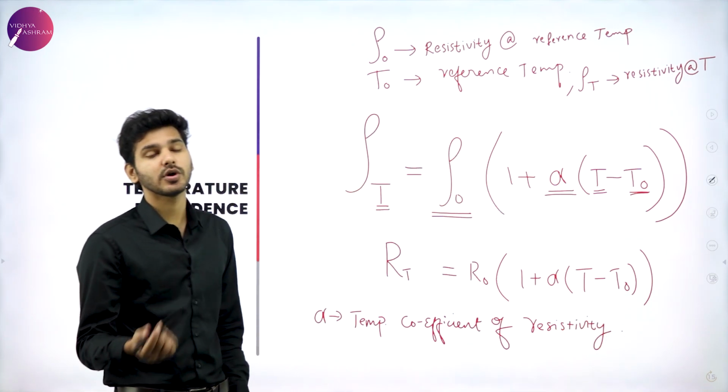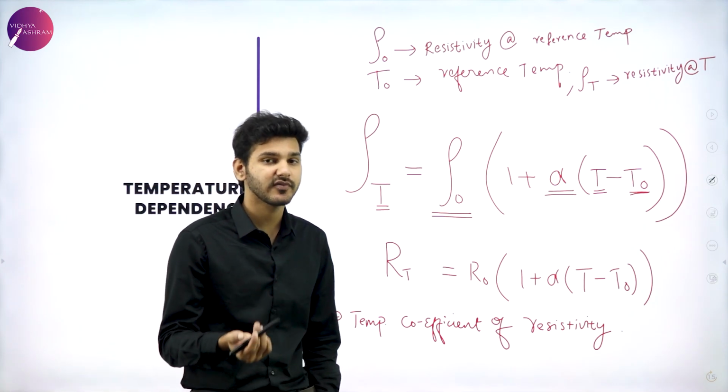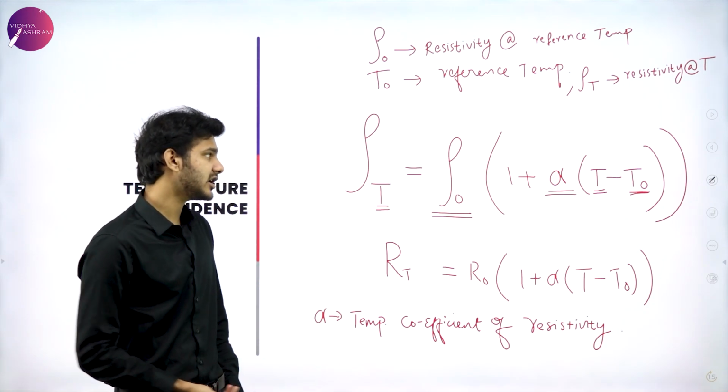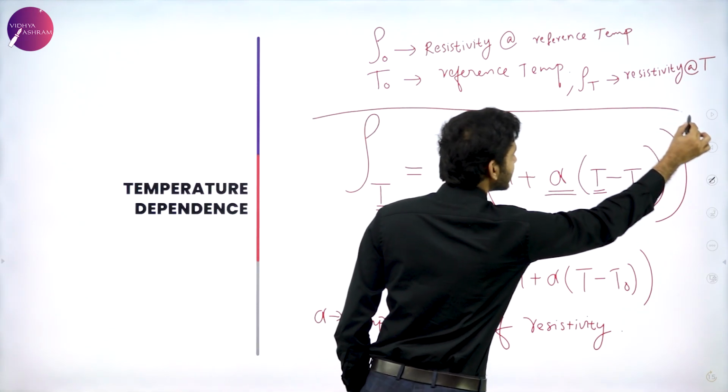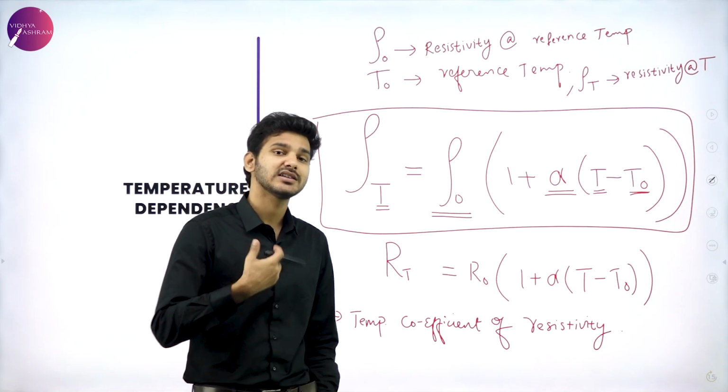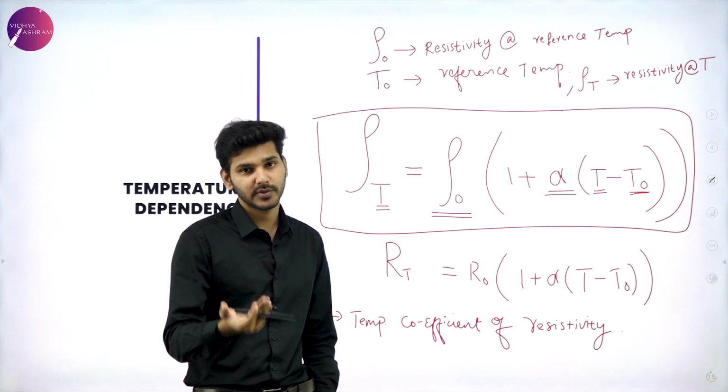It's a quantity which will have different values depending on the type of material you're using. So this equation gives you the relation between resistivity and temperature of a material.